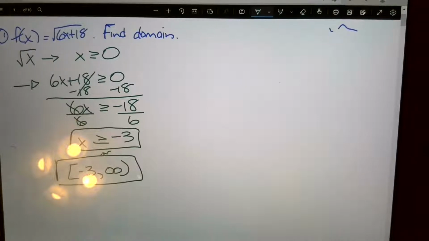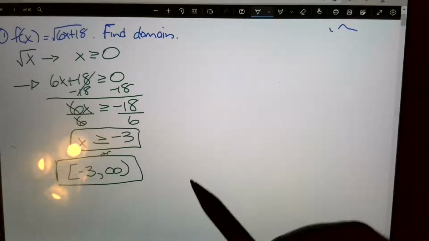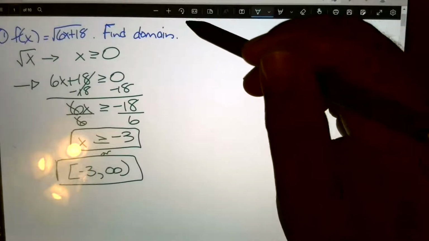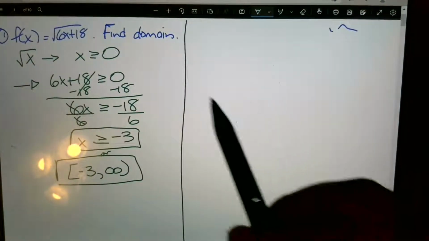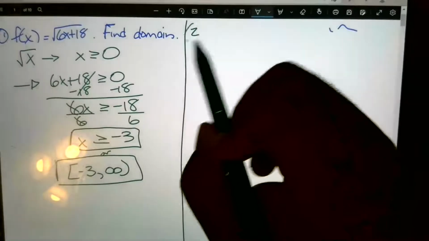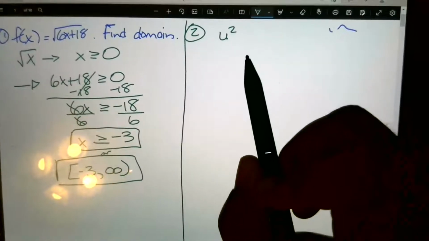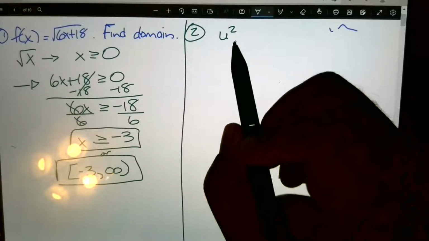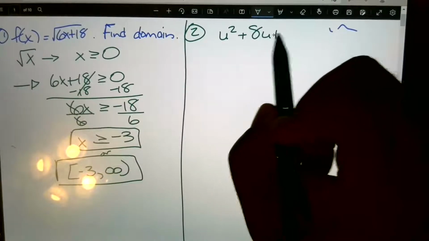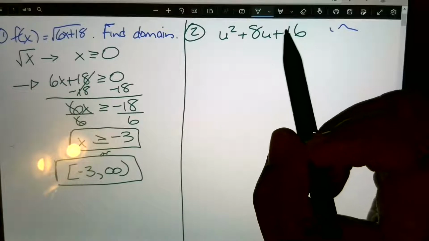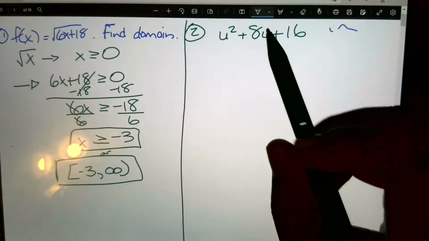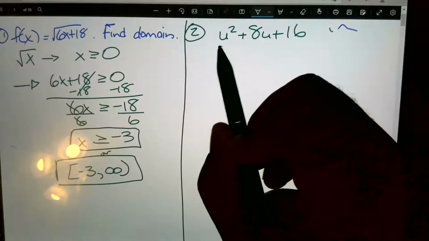Again, feel free to jump in with questions. All right, next problem. To save space, I will do it over here. And they have u squared plus 8u plus 16, and we want to solve for u.